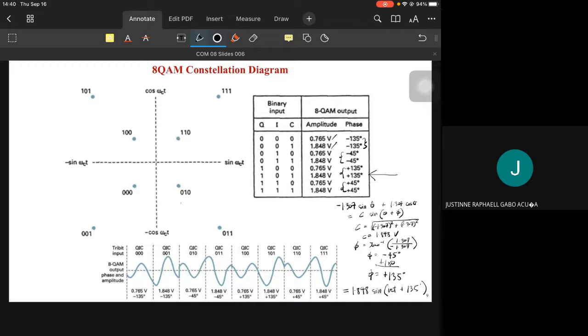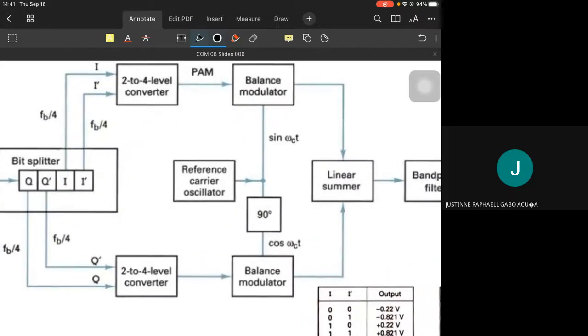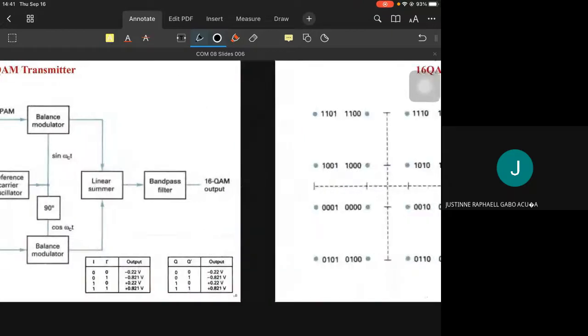I-multiply gihapon og carrier, product modulator carrier para ma-filter out ang mga sine and cosine component para manggawas ang mga voltage level lang. So, the same lang. So about this one, 16 QAM. Essentially, tanaw ninyo ang kaninang portion, ang balance modulator.